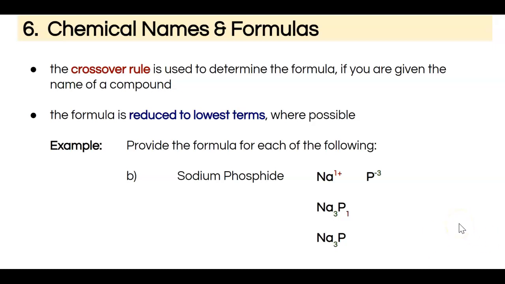Let's try one more practice question. This should be C, by the way. I'm noticing a typo, but no big deal. Magnesium oxide. Give that a try. Again, I found magnesium and oxygen on the periodic table, and I assigned each of them their most common ionic charge.